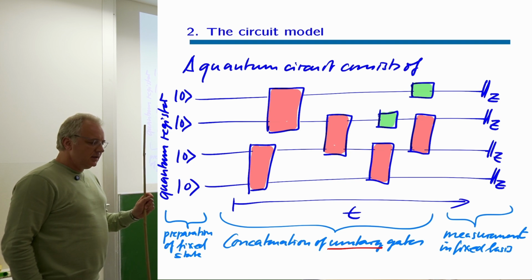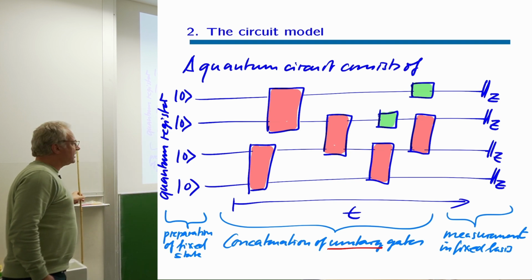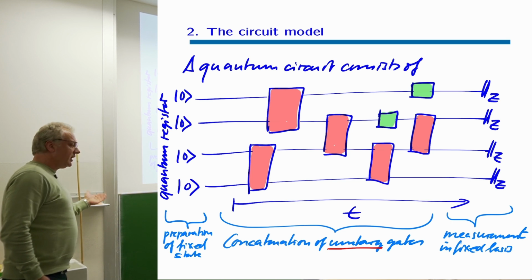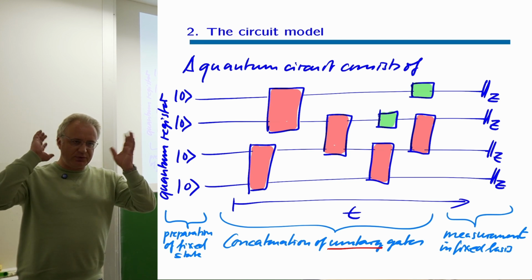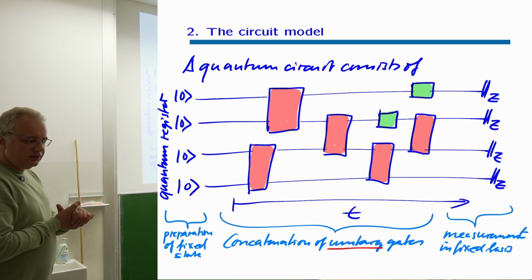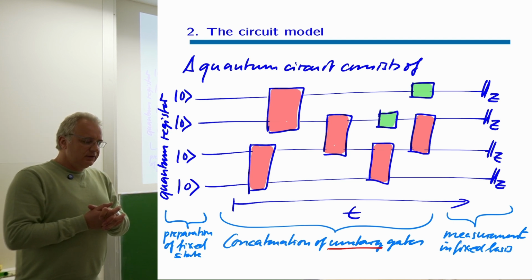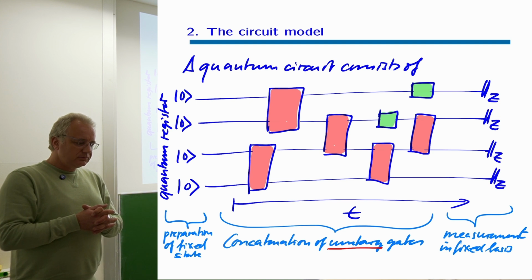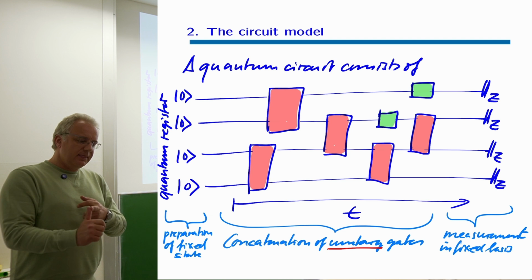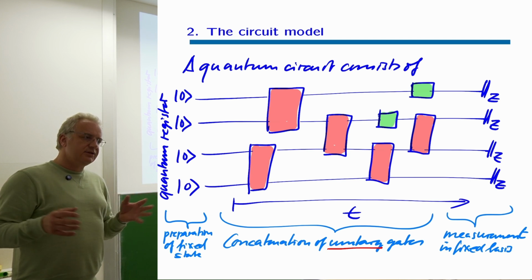Now we begin with the first model of computation that we're going to discuss. As I already said, it's the most widely used model. Most people prefer to think in this model, so it is worthwhile reviewing it here in this course. Moreover, the two models that we are going to discuss in detail, quantum computation with magic states and measurement-based quantum computation, have a close relation to the circuit model.